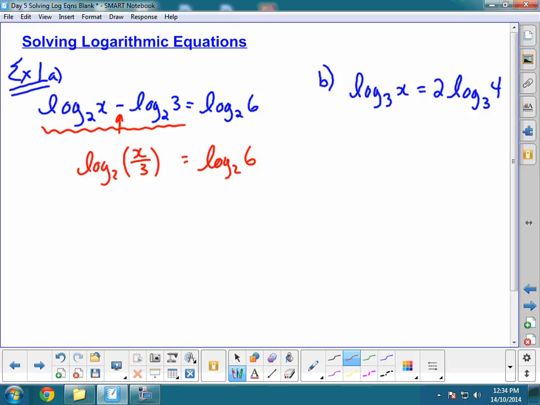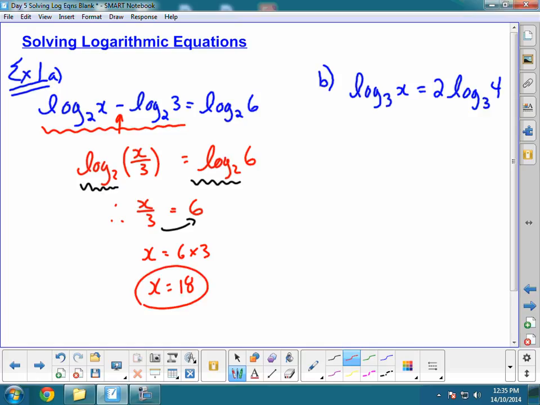Now, we're in the same boat that we were at the end of the other one. This is log base 2, this is log base 2, and as a result I can ignore them and look just at the answers. So therefore x over 3 equals 6. Now I have a quick little algebra to solve. Bring this 3 up top, and it becomes 6 times 3, and the answer is 18.